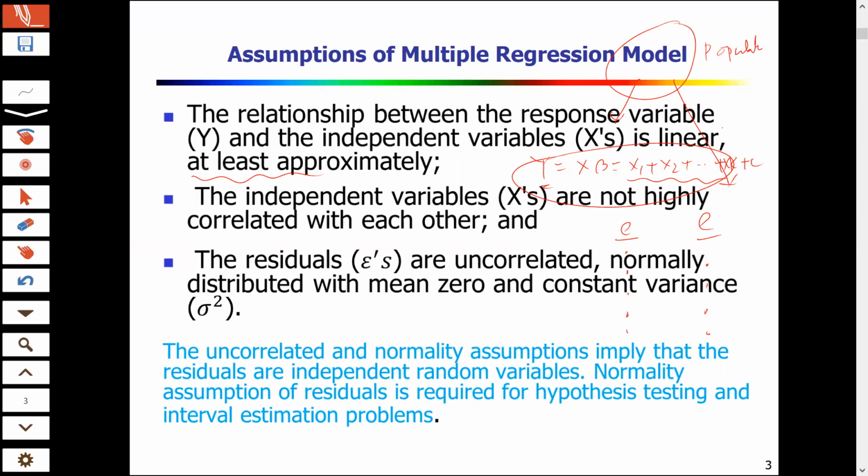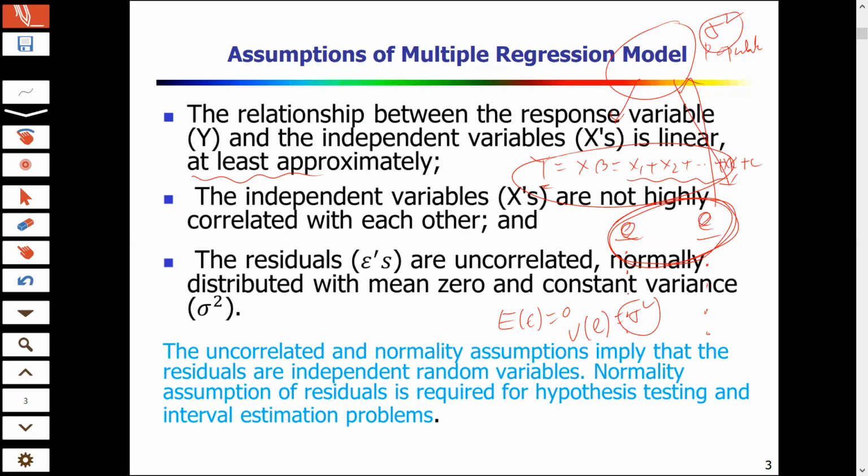So this error term is a random variable, and it comes from a population. That means the distribution of this error term is normal. That means the population mean of this error term, the expected value of e, is 0 and the variance of e is a constant sigma square. So that means the variance is always constant. Whatever sample you are taking, the error terms should have variance sigma square.